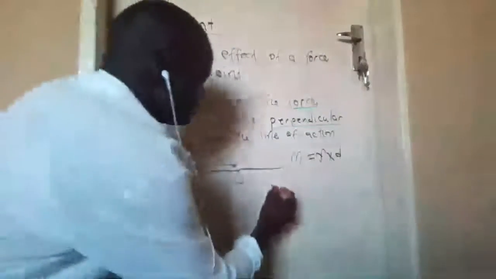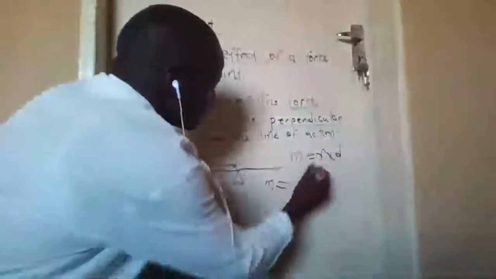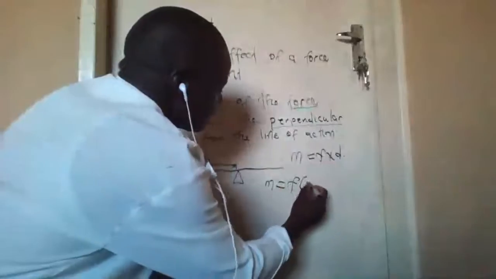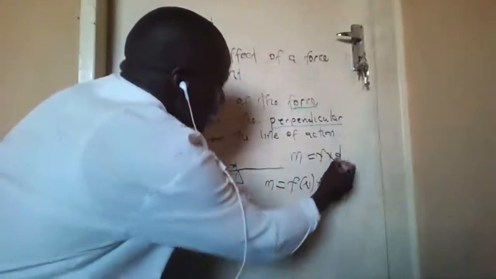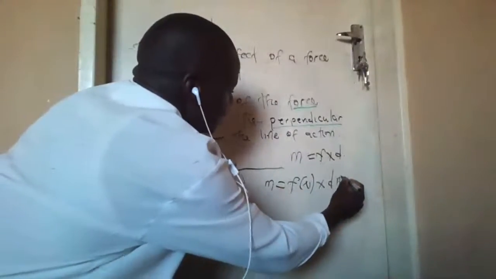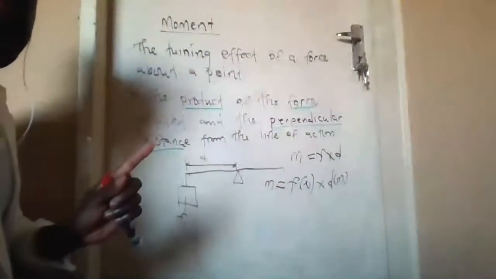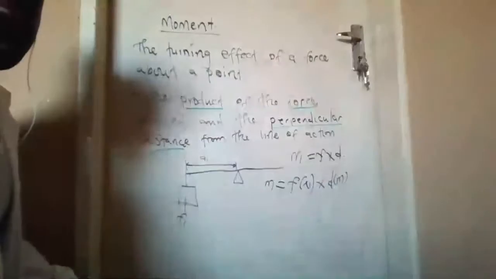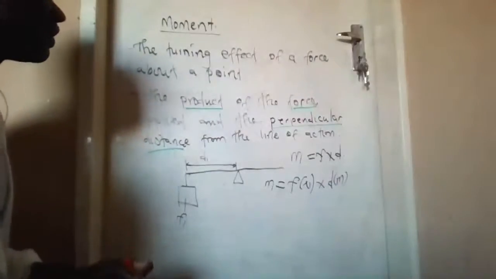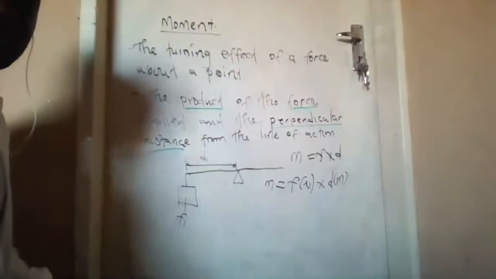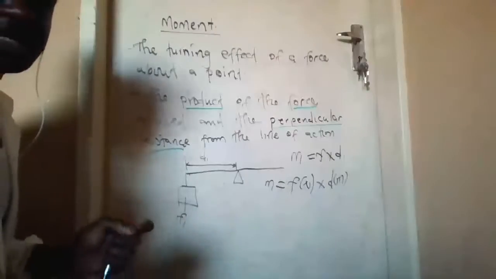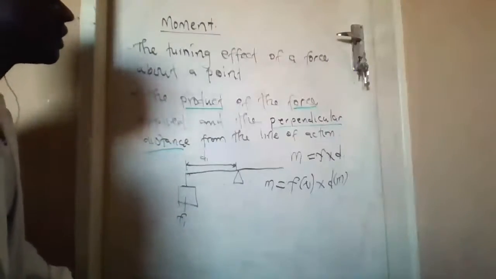But we need to be reminded that the force must be in Newtons, and the distance must be in meters. If the distance is given in centimeters, we have to convert to meters. Whenever you're carrying out a calculation in physics, you have to make sure that the data provided is in its SI units.